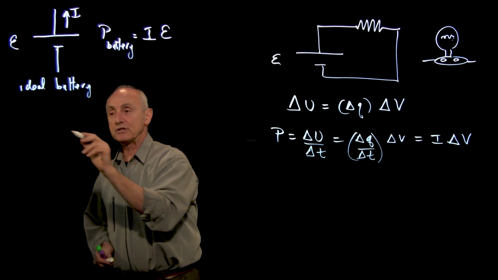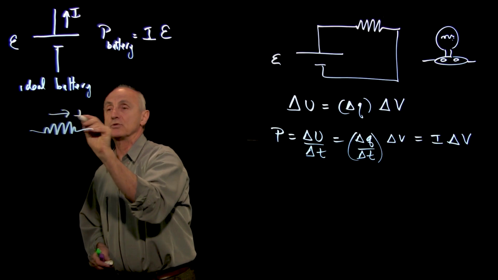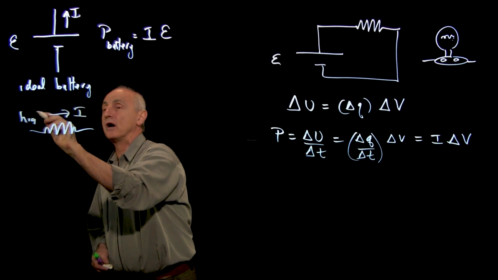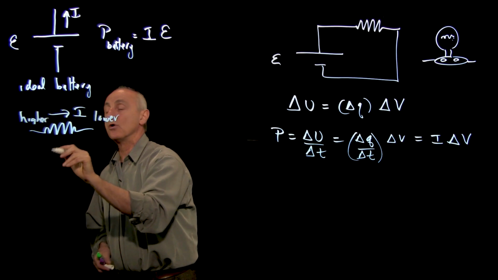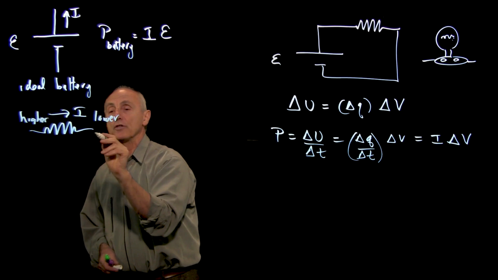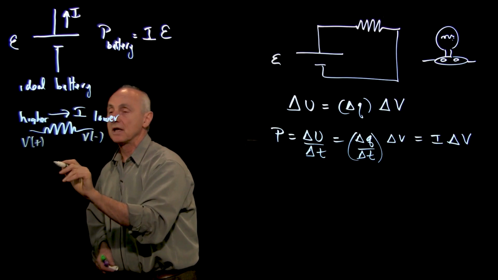The second example is, let's look at a resistor. And we have a current in the resistor. And remember, current flows from the higher potential side to the lower potential. So let's call this V minus and V plus.